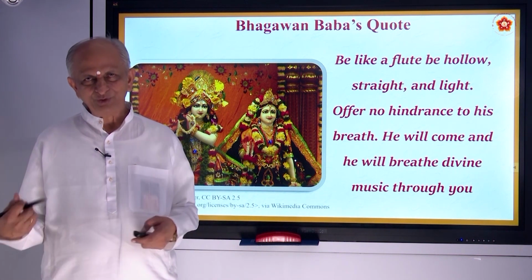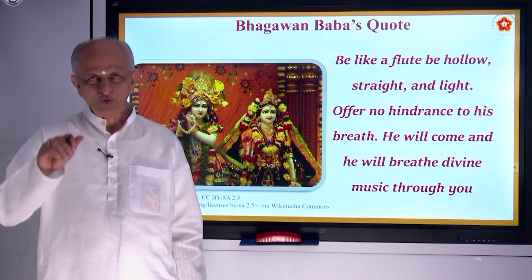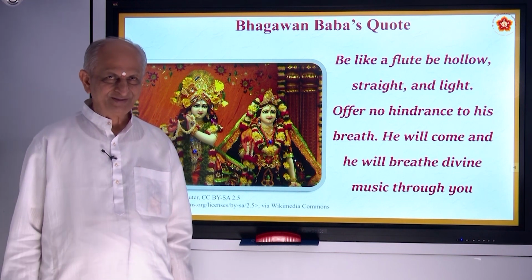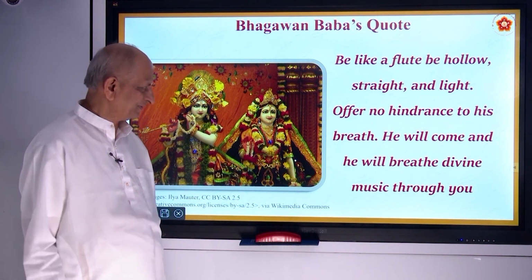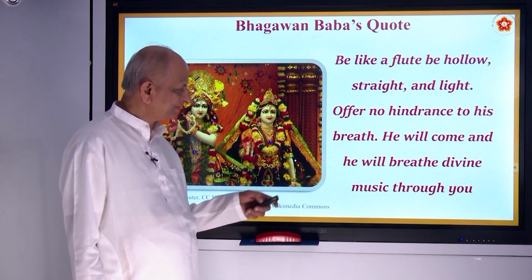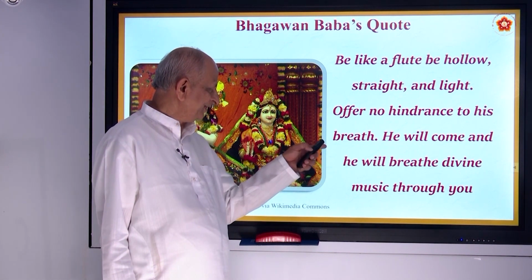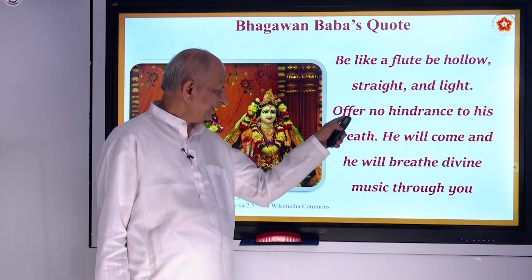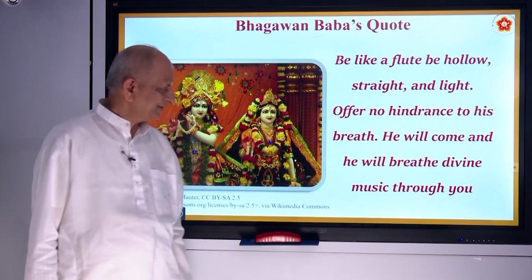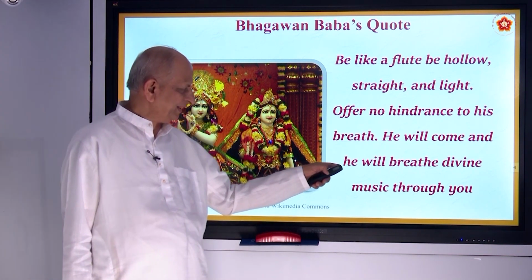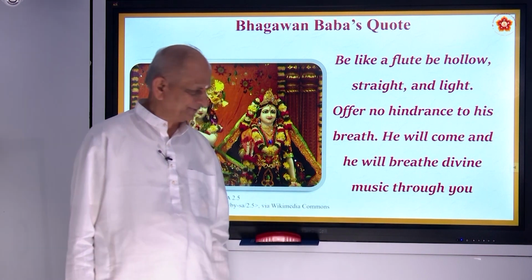Means we are also like a flute. If you are free from ego and attachment, then God will talk through us, sing through us, dance through us, breathe through us, everything. So there is no hindrance there. He will come and breathe divine music through us.